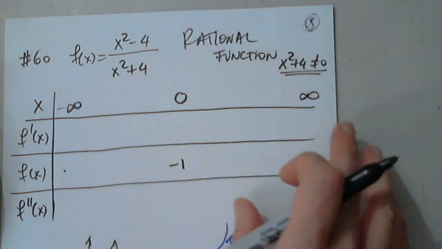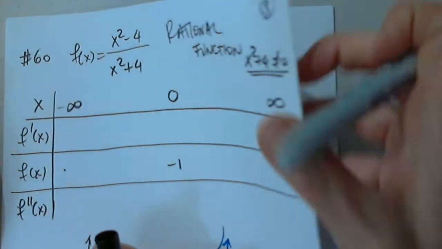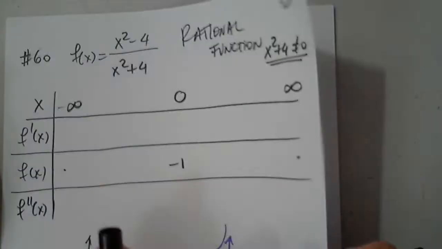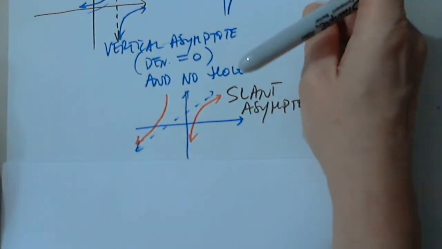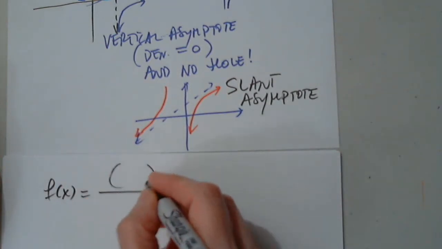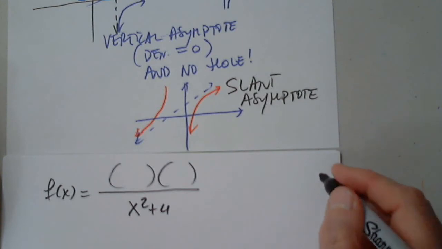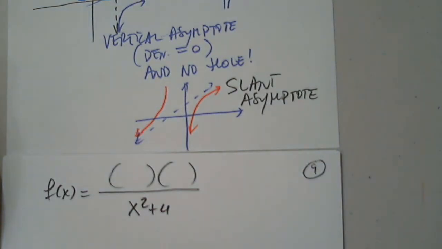And then let's factor the numerator and find the x-intercepts and then the limits. And we're done with the function after that. So can anyone factor the polynomial in the numerator for us? Because that will give us the x-intercepts in a blink. (x plus 2)(x minus 2).